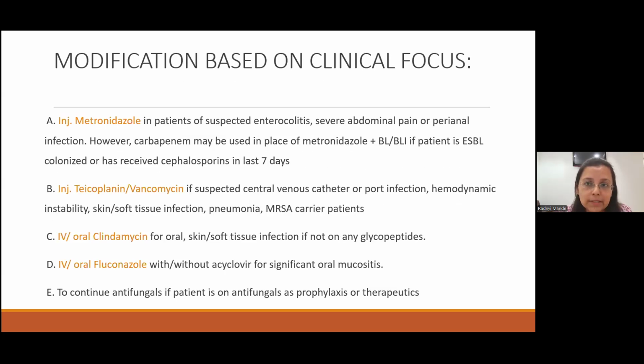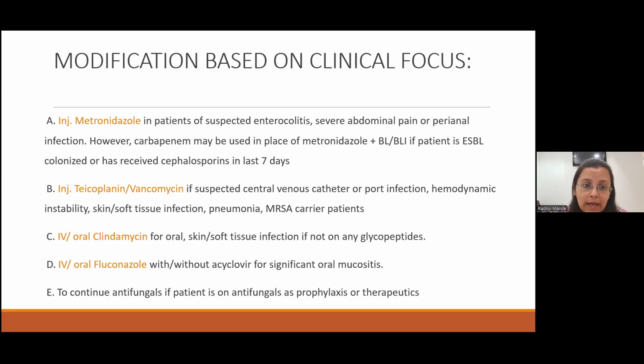So, modifications based on clinical focus. When do we add injection metronidazole? Metronidazole is added in patients with suspected enterocolitis, severe abdominal pain, or perianal infection. Then teicoplanin and vancomycin are added if we suspect a central venous catheter or port infection, or if there's any hemodynamic instability, a skin or soft tissue infection, if a child is having pneumonia, or in MRSA carrier patients.